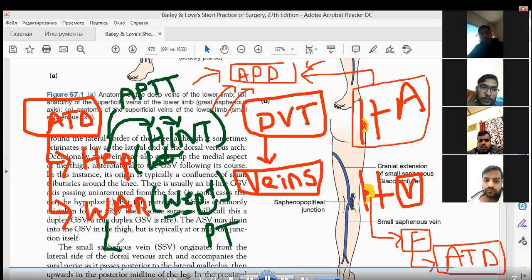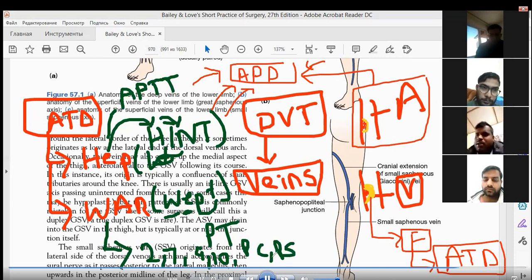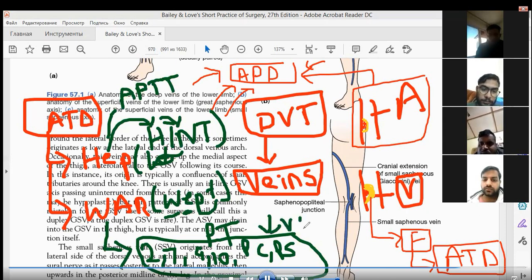Warfarin mechanism of action. What is the mechanism of action of warfarin? It is going to block your clotting factors 2, 7, 9, 10, protein C, protein S. And all these factors are activated by vitamin K. So warfarin blocks these clotting factors, which are activated by vitamin K. That's why whenever you are giving warfarin to the patient, you have to check the PT levels.